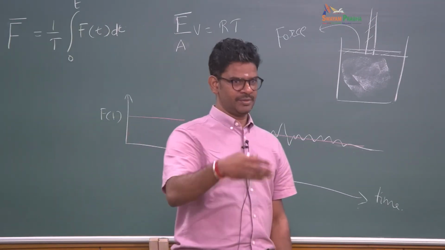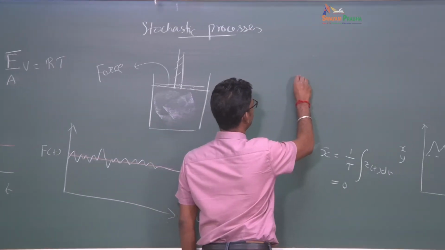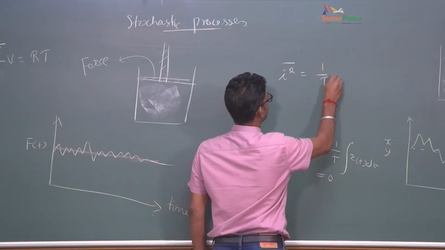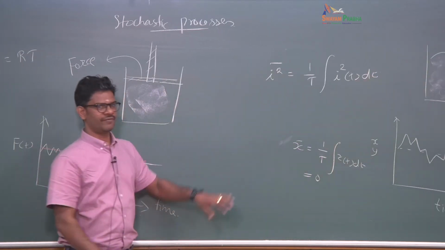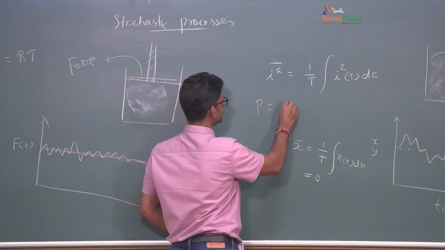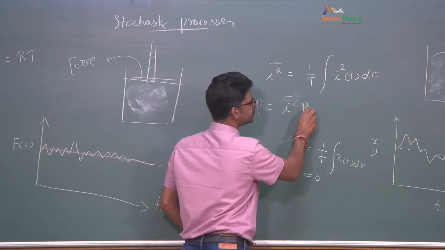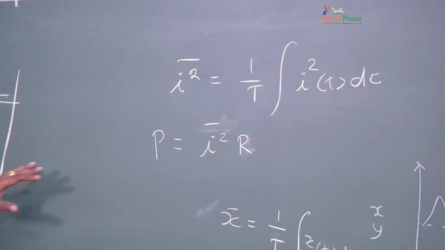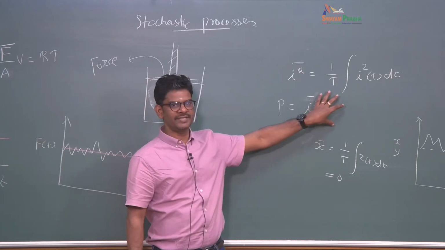But if you take the square and do a time average of the square, I squared, it would have a finite and well behaved value, and then you can see that the power in the circuit can be nicely expressed as I squared R. Okay, so we know all this Ohm's law and electric circuit theory, in which we use not just I squared but the mean of I squared. And that will follow a nice relationship.